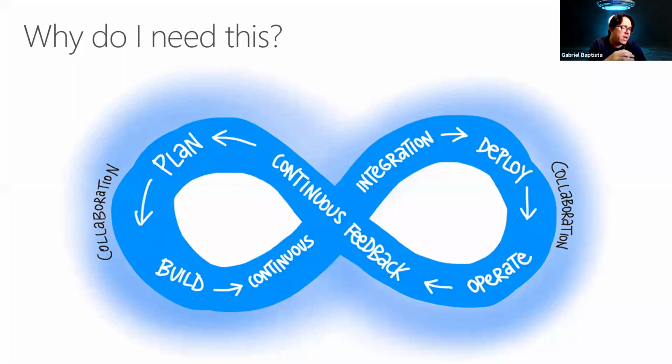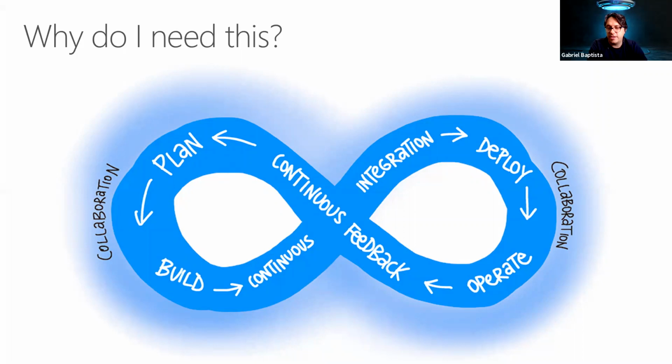And there's no way to have continuous feedback, that's the last step, let's say, of a cycle of DevOps, without continuous monitoring. I mean, continuous monitoring or continuous feedback is part of DevOps.